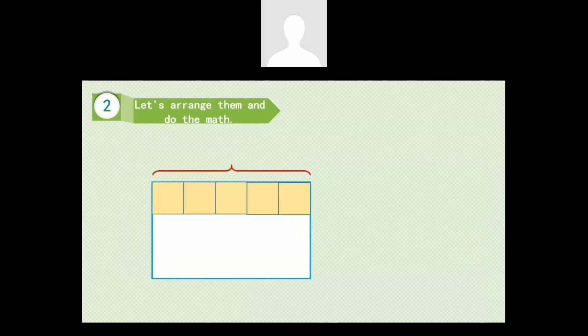Everybody can look at the screen. One follow-up. When you set 5 in each row, what does the 5 match in the rectangle? Group 1. It matches the length, 5 centimeters.